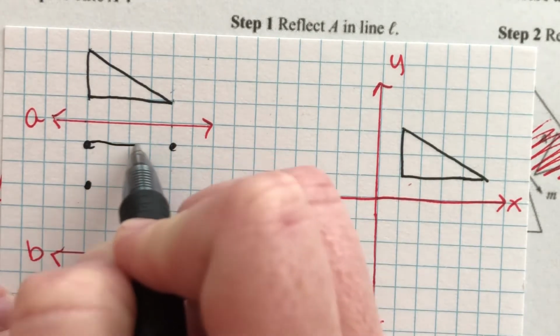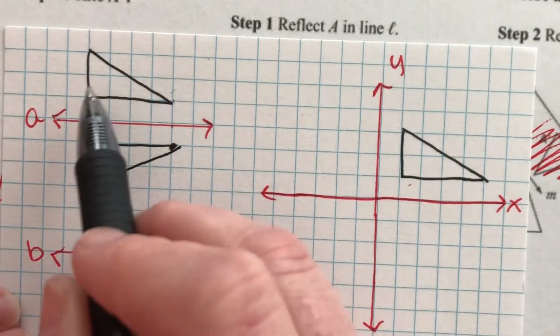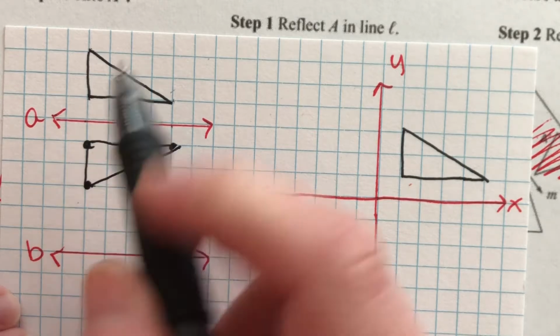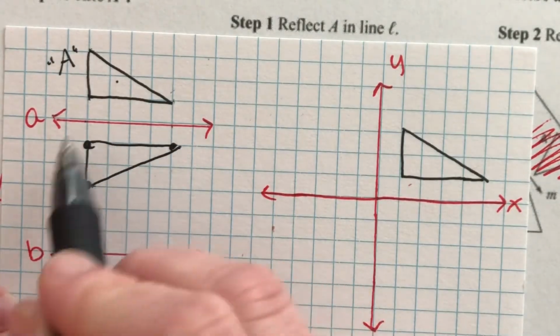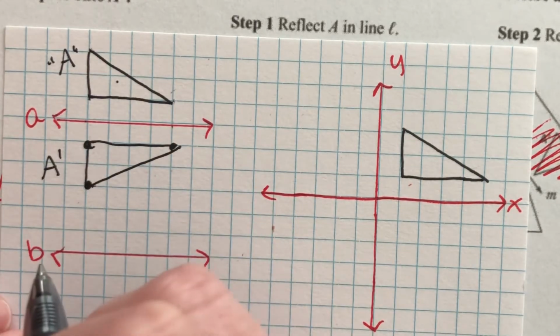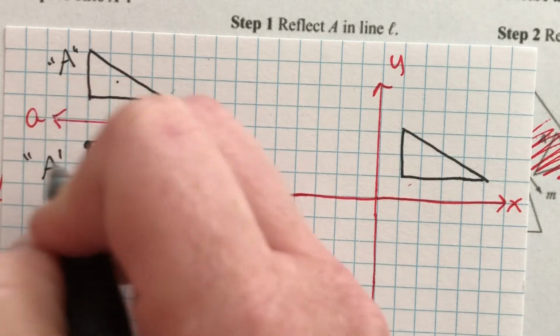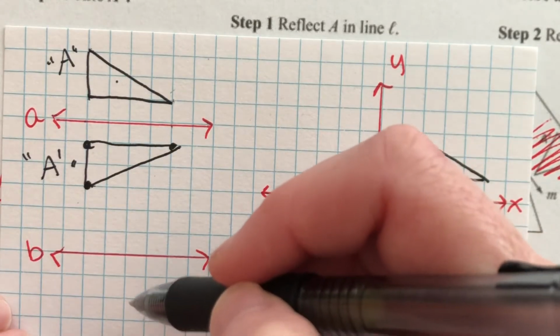So now I've got this guy, right? So this is my pre-image, or I can call this A. This is my image, so I'm going to call this A prime. That little apostrophe is prime. And then when I do it again, I'm going to have A double prime.